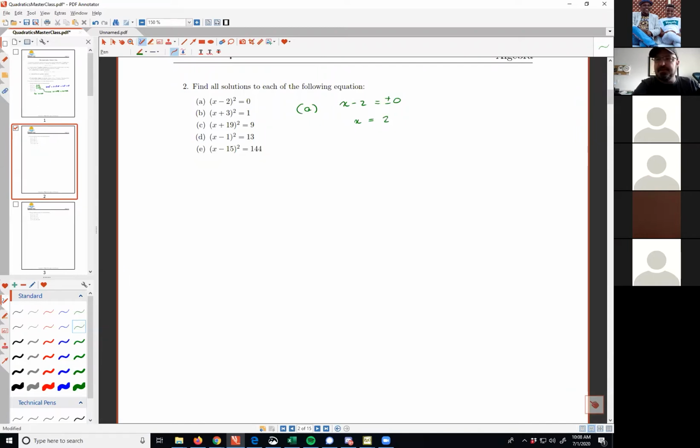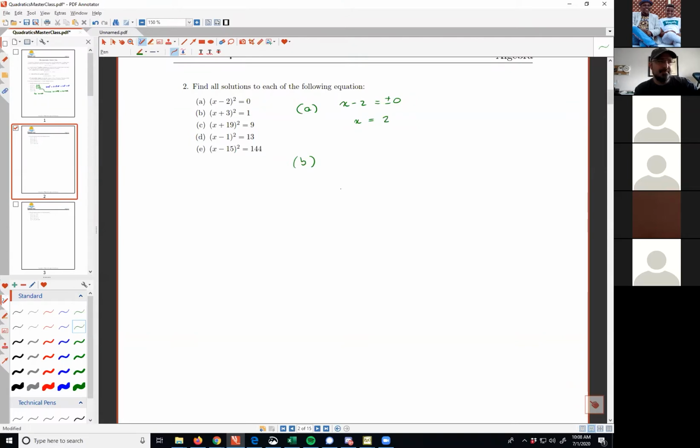We just add 2 to both sides and we get our one and only solution. How about part B? Minus 2. No, not minus 2. There are going to be 2 solutions to this one.